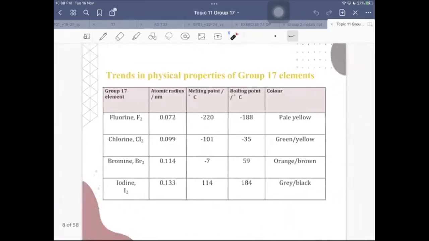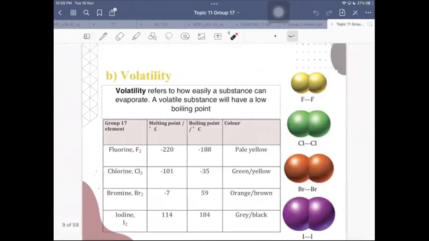Okay. Here's some trends of the physical properties of group 17 elements, where you are given the atomic radius, the melting point, and the boiling point, as well as the color. Volatility refers to how easily a substance can evaporate. So basically, elements or molecules with low boiling point, we say that they are very volatile.